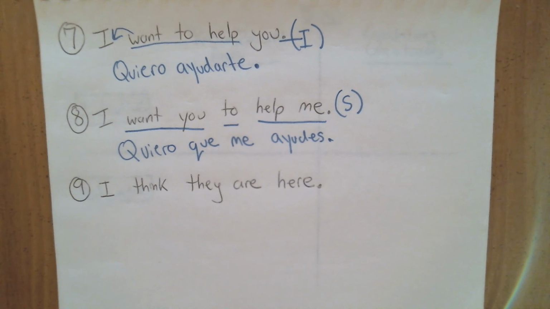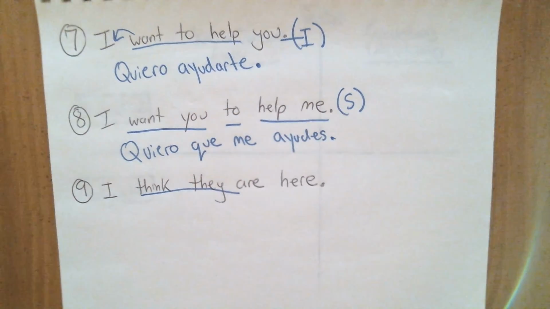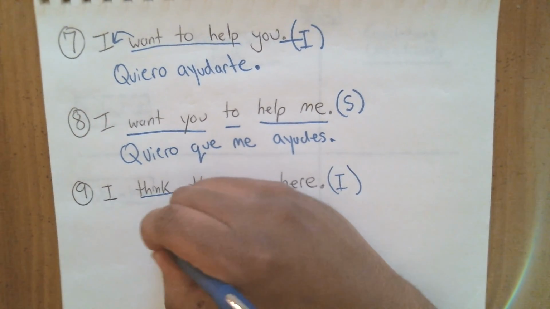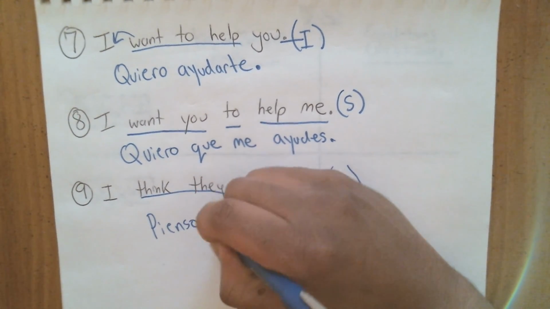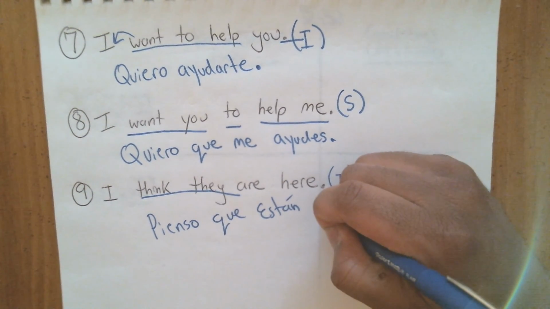Now, how about I think they are here? Does I think they are here come with any sort of subjunctive in it? No. Why? Because you think they're here. You take it as fact. So that one's pretty simple. Pienso que están aquí.